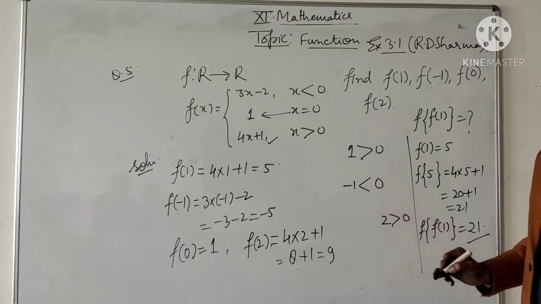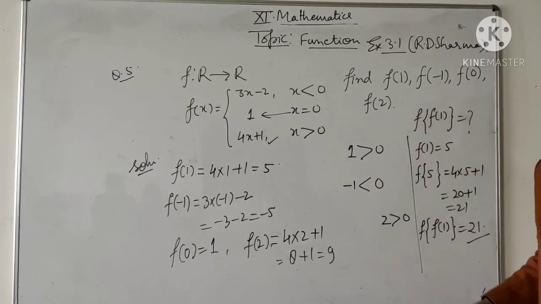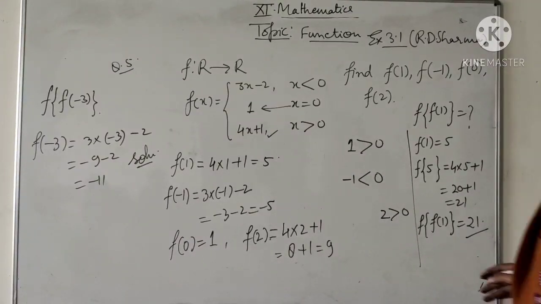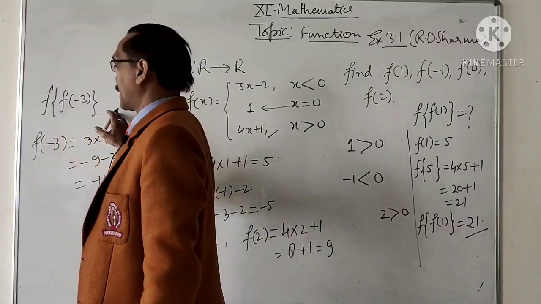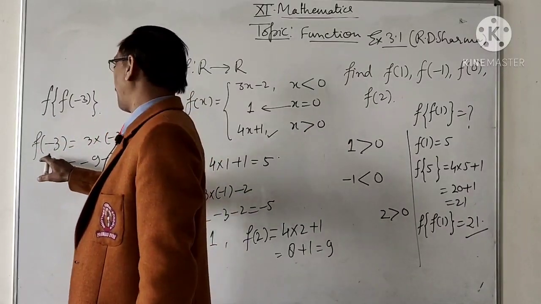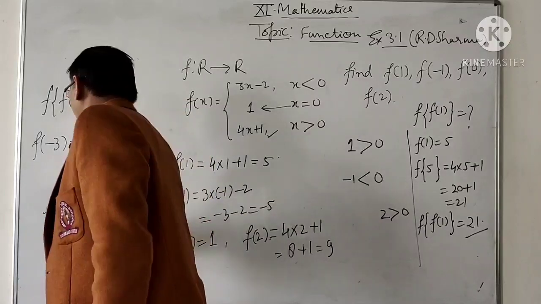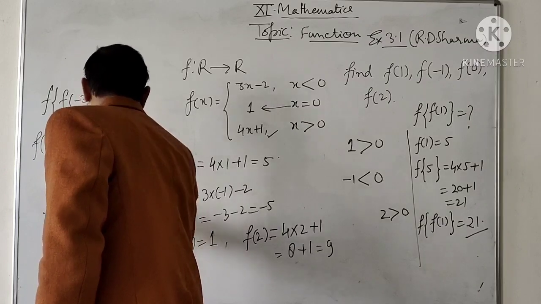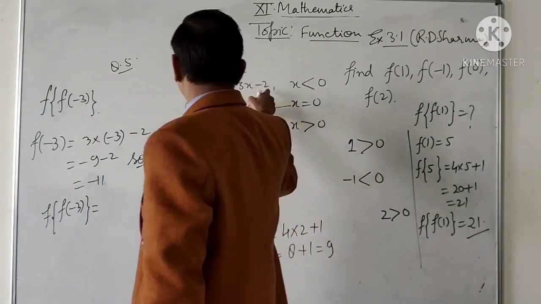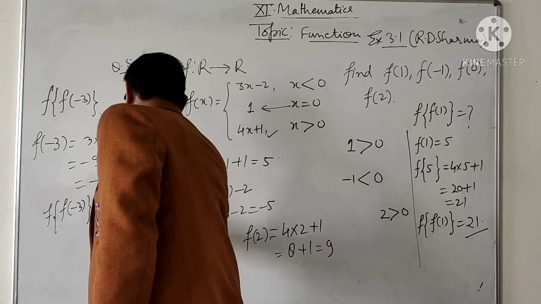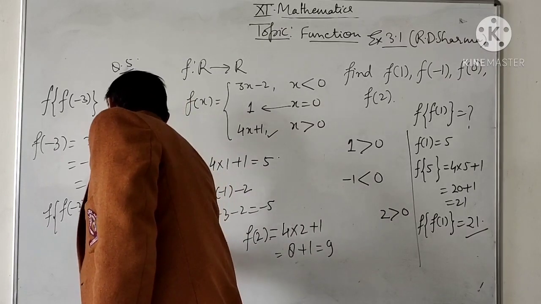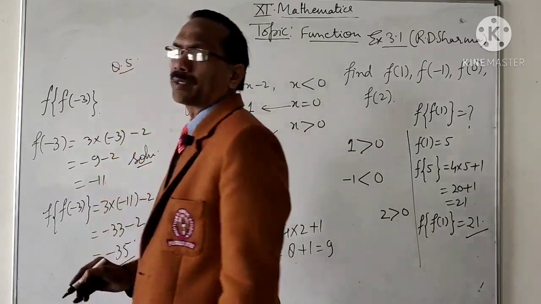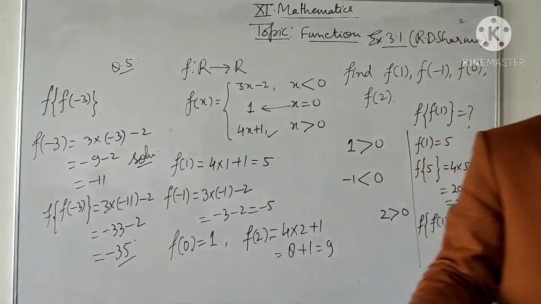This type of question also can be asked. Student, if f(f(-3)) is asked, then first we find f(-3), which is -11. Then f(-11) also belongs to the same. So 3 into -11 - 2, it is -33 - 2 is -35. So this type of question also can be asked.